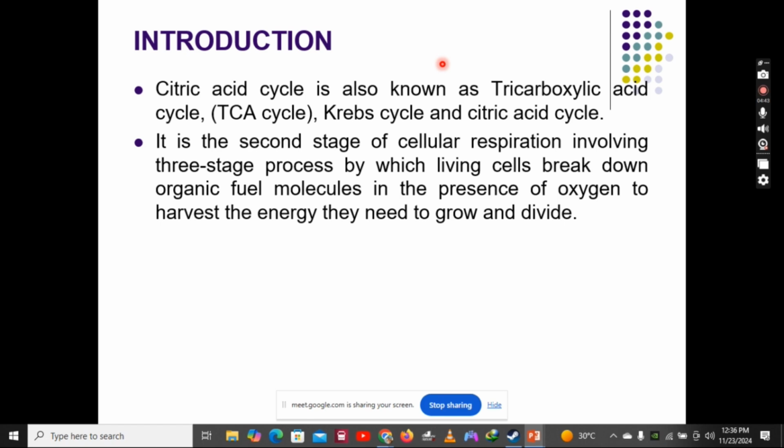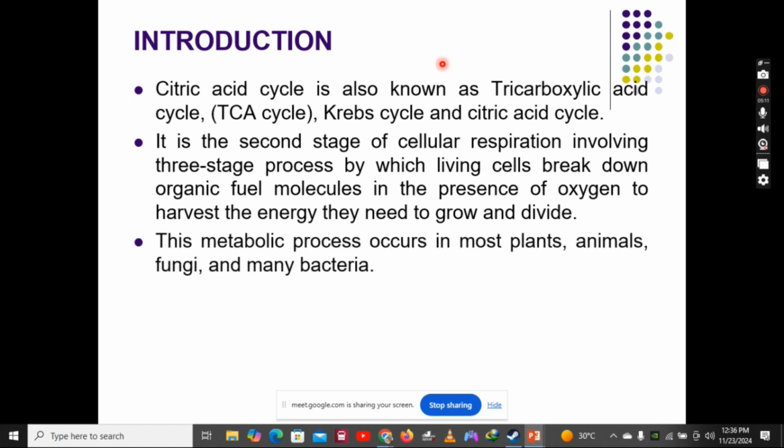In this process, the organic fuel molecules will be broken down, and there must be a presence of oxygen in the breaking down of these organic fuels. Then eventually our cells will be able to provide energy in the form of ATP.